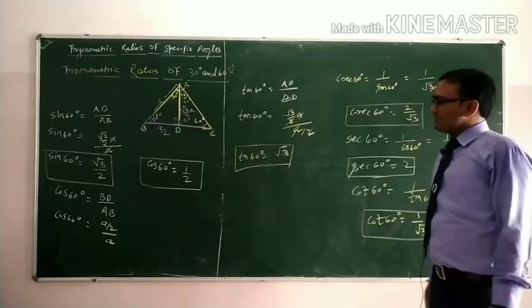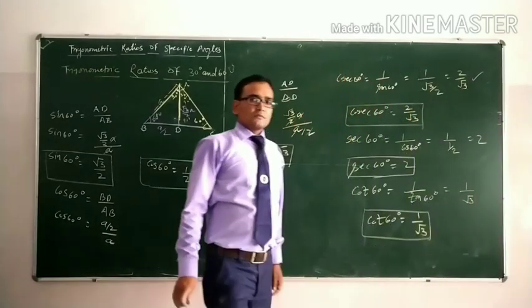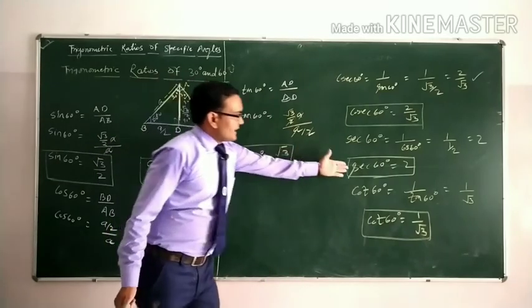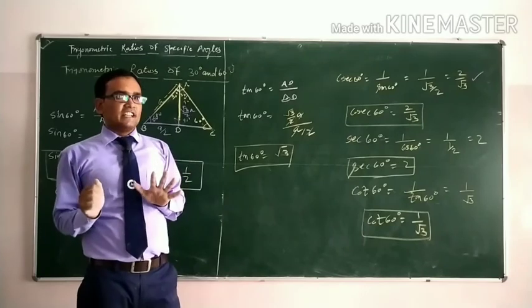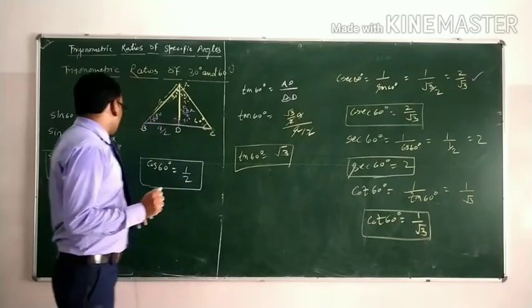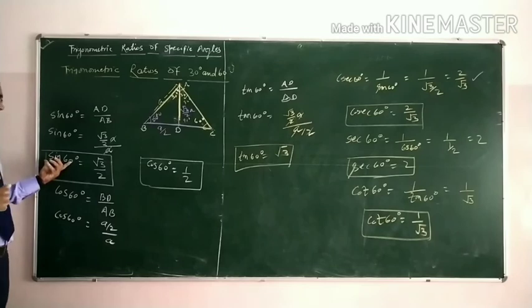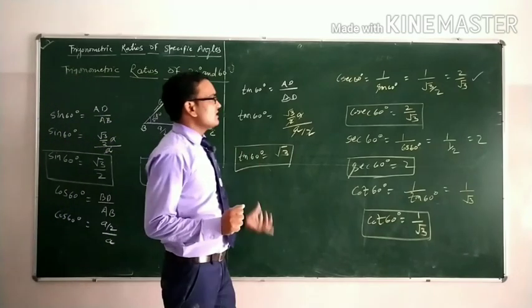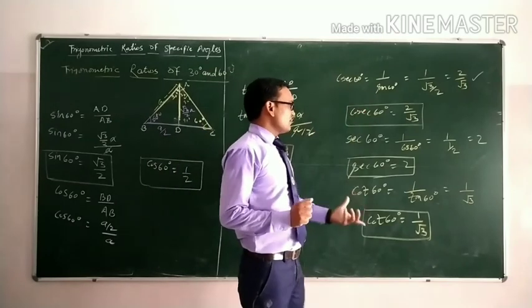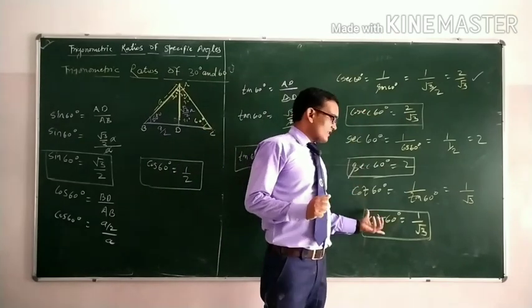Similarly, we will find the sec 60 and cot 60. Okay student, you understand the value of sin 60, cos 60, tan 60, cosec 60, sec 60 and cot 60.